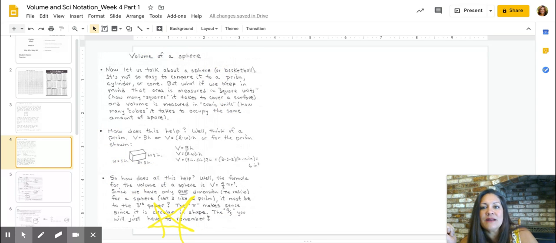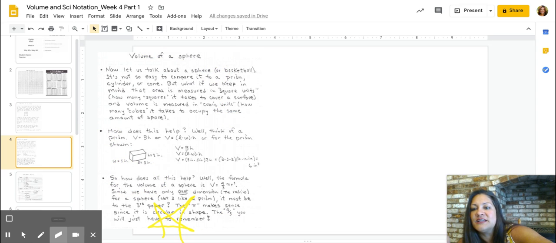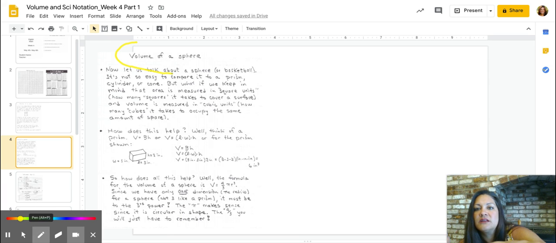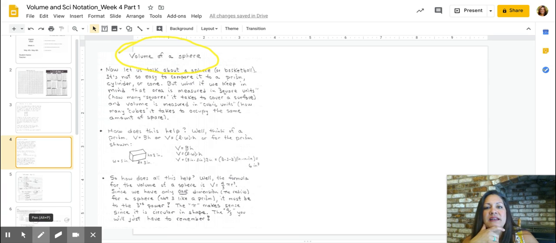Okay, so then what about volume of a sphere? So now let's talk about a sphere, or if you want to think about a basketball. It's not so easy to compare it to a prism, cylinder, or cone, obviously because it's completely round. But what if we keep in mind that the area is measured in square units?